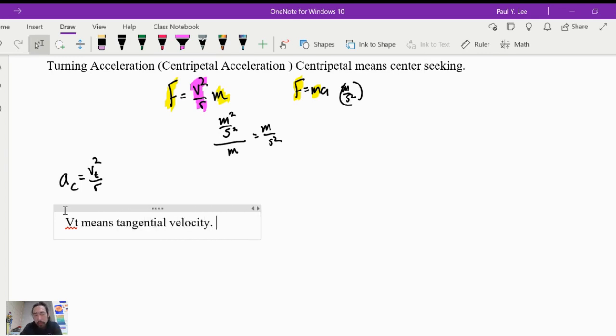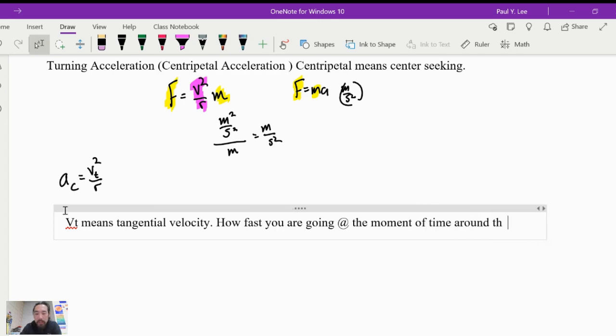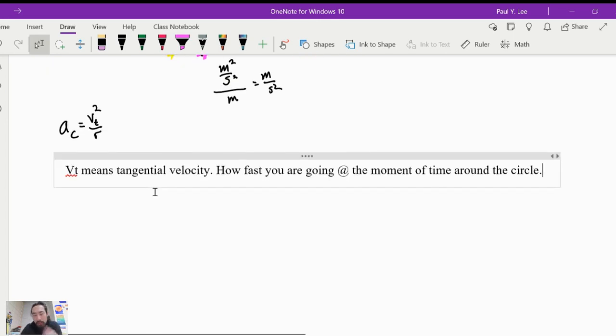Tangential velocity by definition is how fast you are going at the moment of time around the circle. One way to think about this is if you're driving around the roundabout, or making a turn and looking at your speedometer, the speedometer tells you exactly how fast you're going at that moment, and that's your tangential velocity.